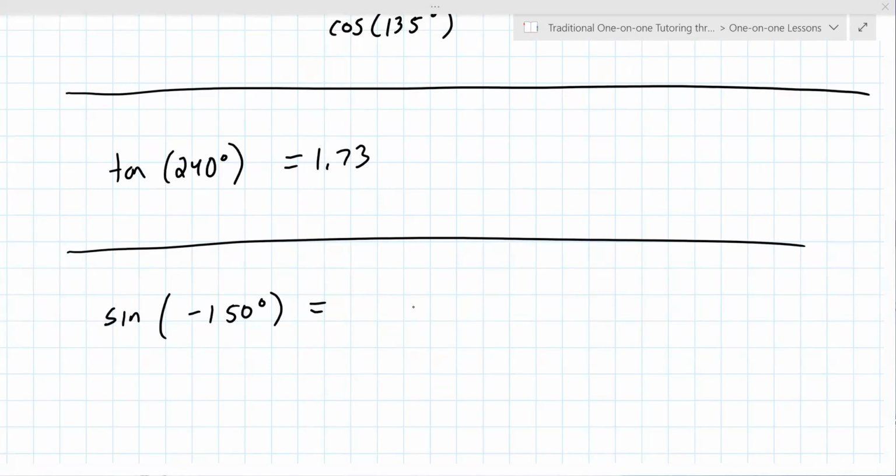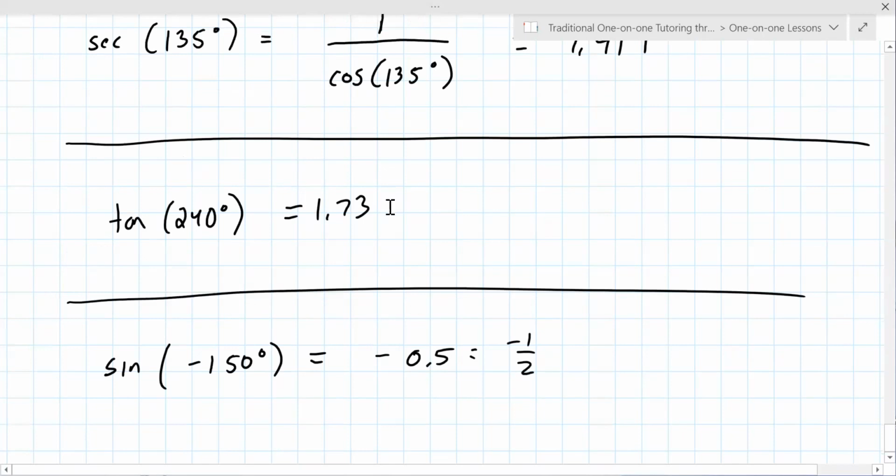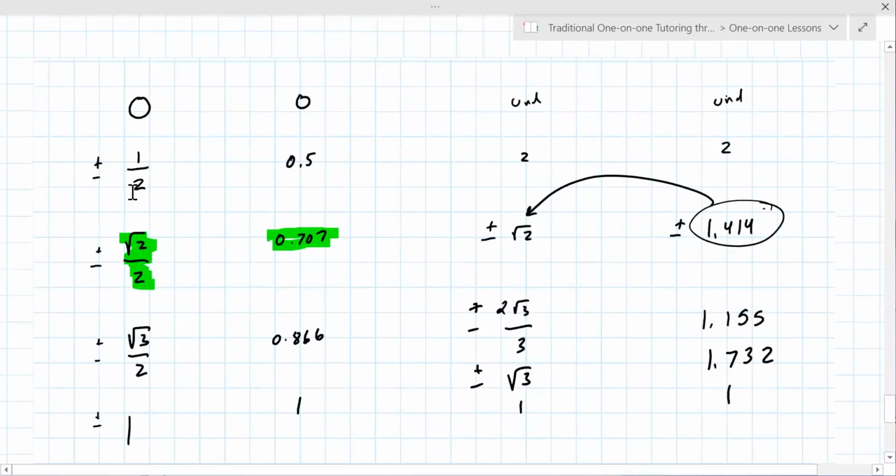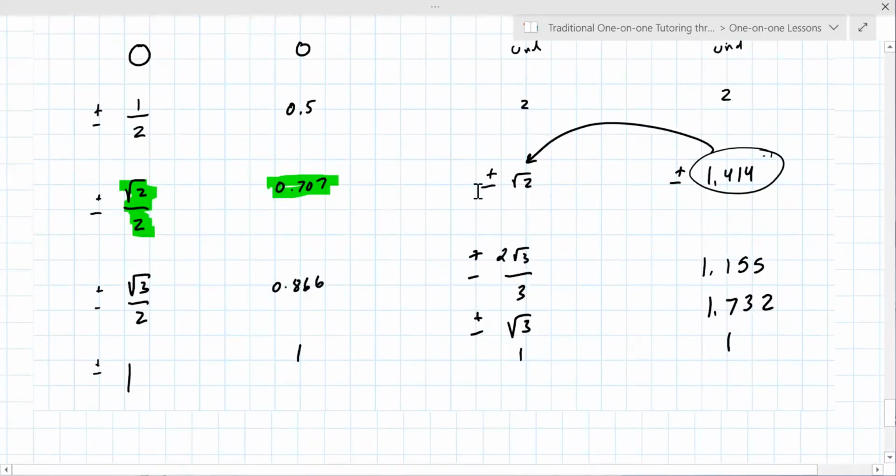Negative 0.5. Right. And then we know that you can rewrite it as negative 1/2. Yes. Okay. All right. Well, that's the end of that one.